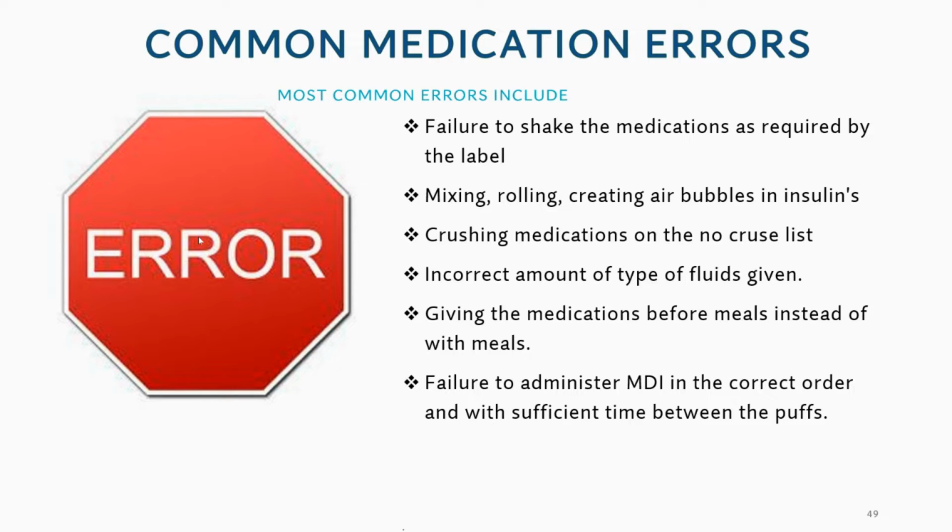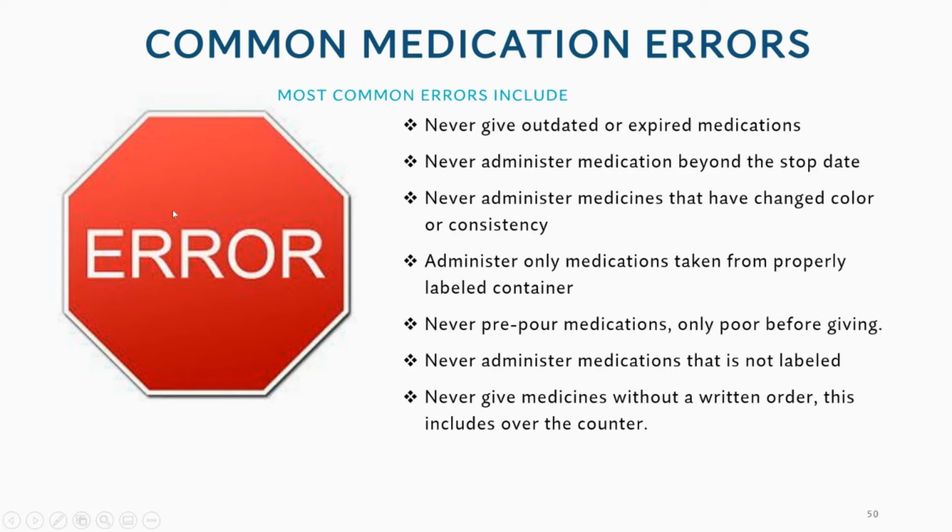There are inhalers, albuterols, Xopenexes, that should be given in a certain order, such as the metered dose inhalers that are for the steroids. So make sure you follow all those directions correctly.